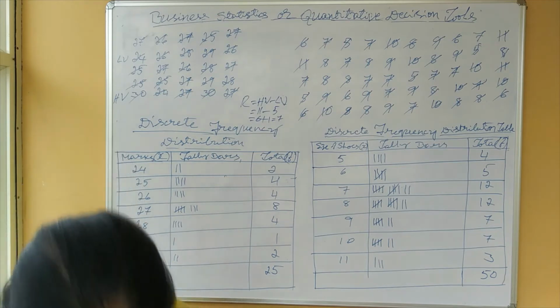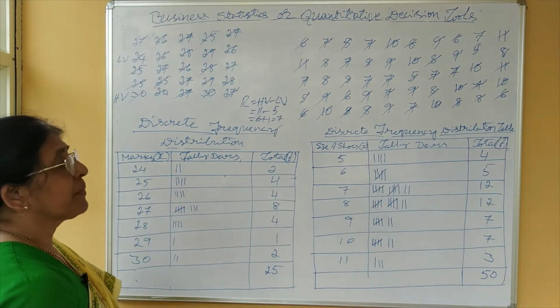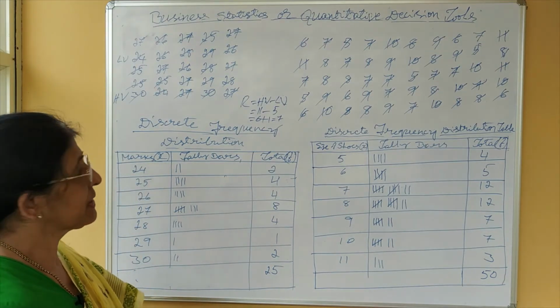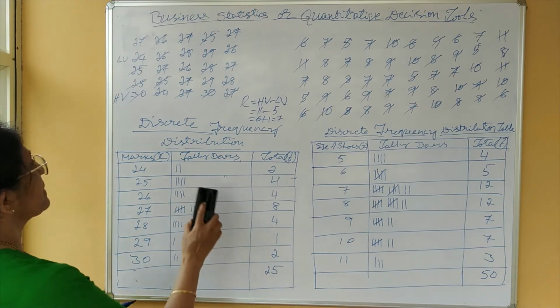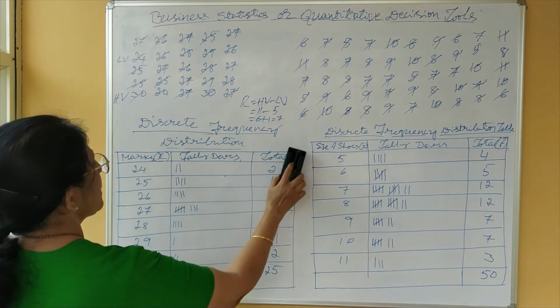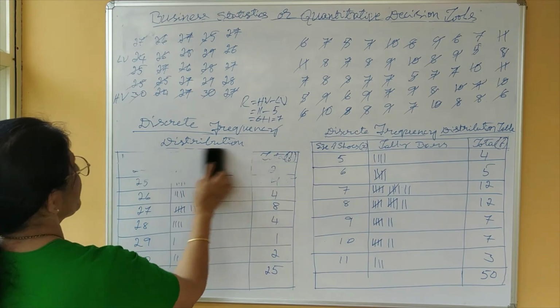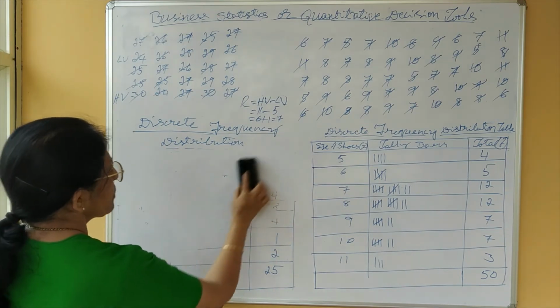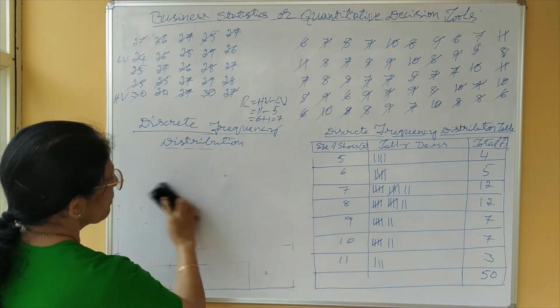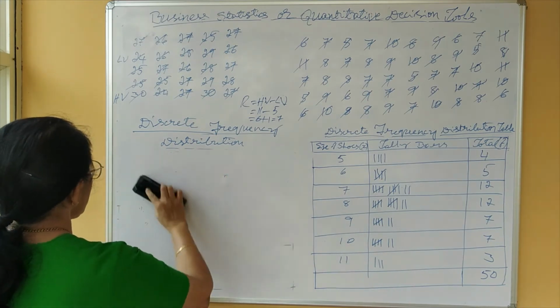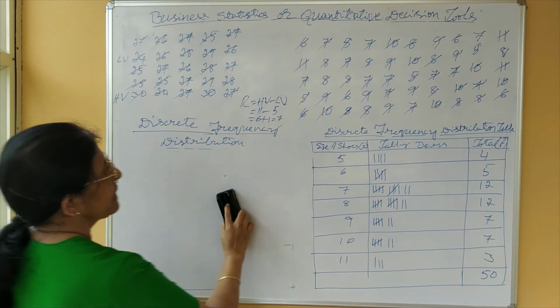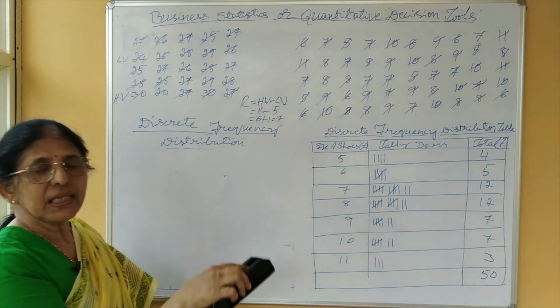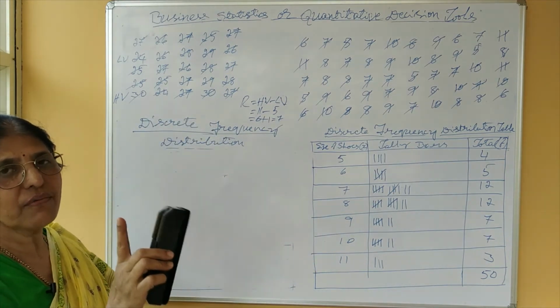Okay. Now, another one is the bivariate discrete frequency distribution table. In case of bivariate frequency distribution table, I have told you, there are 2 variables, here only 1 variable is given. Means in case of univariate frequency distribution, it incorporates values of only 1 variable.